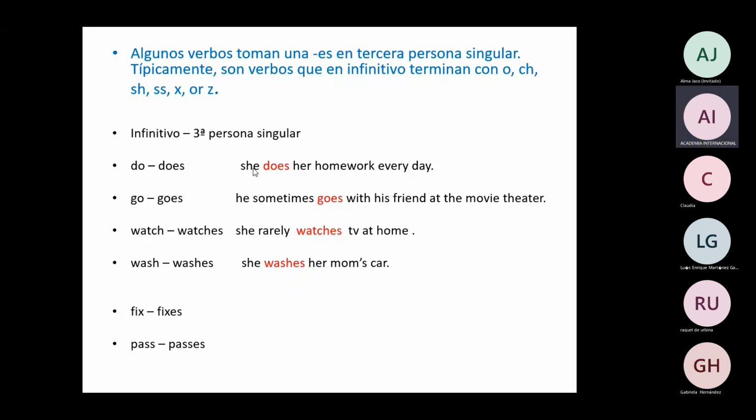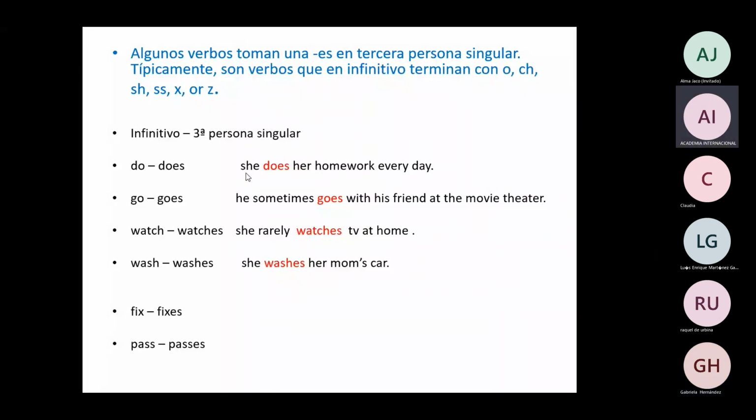She does. Pero ¿alguna idea de lo que hemos estado viendo? ¿Por qué utilizamos does y no do en esta oración? Gabriela, ¿alguna idea? Porque es en tercera persona. Sí, verdad.